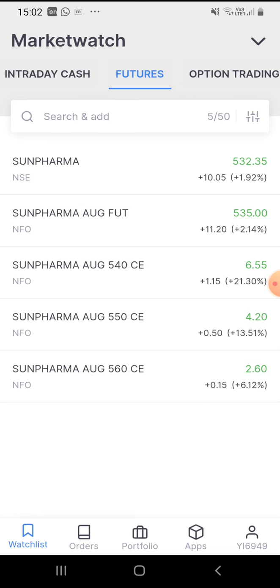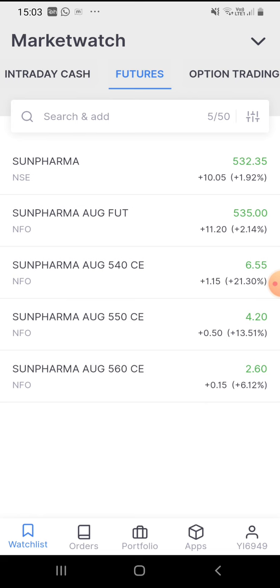540 is our strike. What is the real value? 535. It increased to 536, 537, 538, 539. As it is increasing, our strike will also increase from 6.55 to 7.35, 7.5, 7.85. When the real value touches our strike, the real value is now 540.